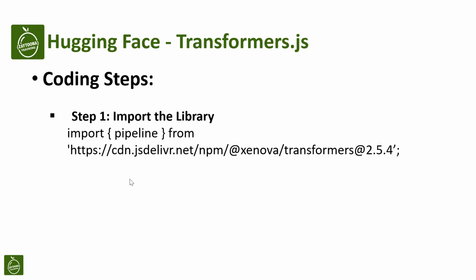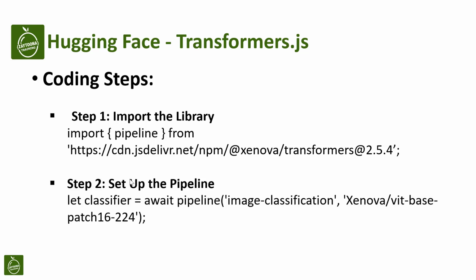First off, we grab a handy tool from our library called pipeline. It's a function designed to make things run smoothly. Next, we use our pipeline function to specify that we are doing image classification. For this, we pick a model named vit-patch16-224 to help us out.